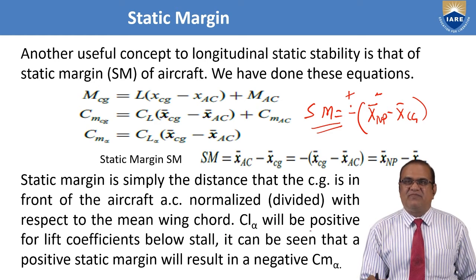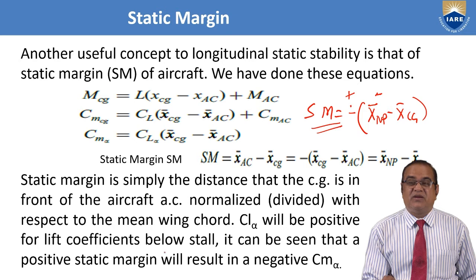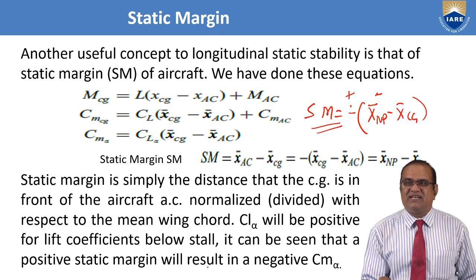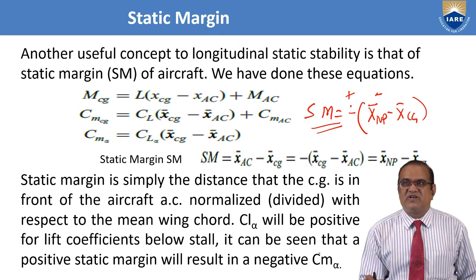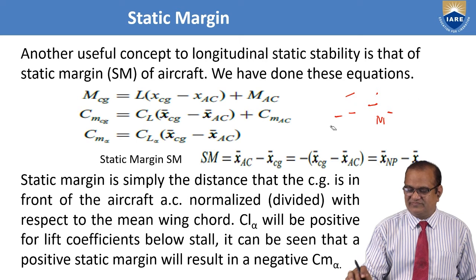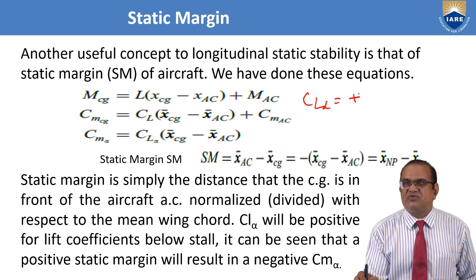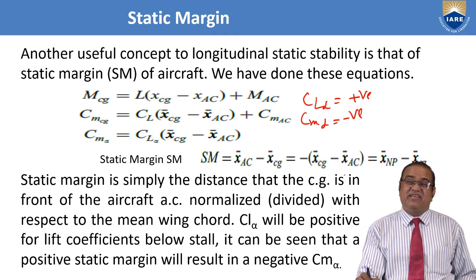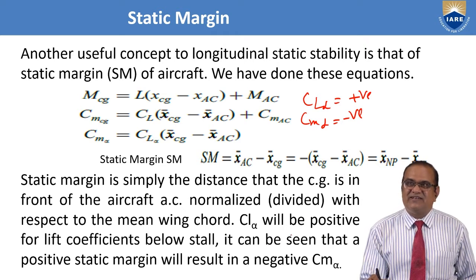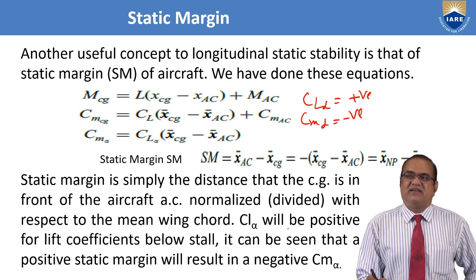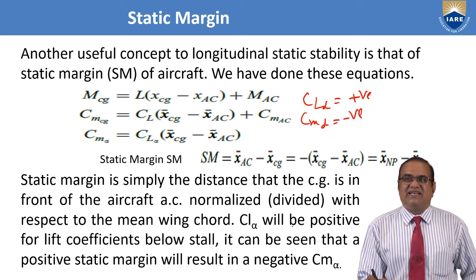Here CL alpha will be positive for lift coefficient below stall. It can be seen that a positive static margin will result in a negative Cm alpha. So what is the meaning of this? If CL alpha is positive, Cm alpha will be negative. This is a very important conclusion. If the aircraft is flying at less than stall angle of attack, CL will be positive.